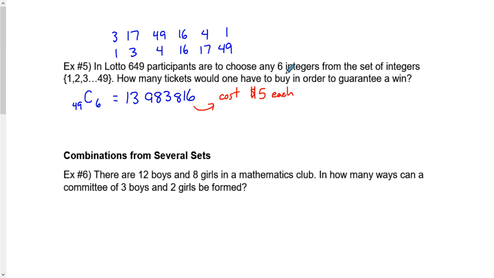So you take that 13 million, multiplied by 5, and it's almost $70 million that you'd have to spend. It could be different, I don't actually buy lottery tickets very often, so I don't actually know. Last thing I heard though is that the max jackpot is only like 50 million, so you'll be 20 million in the hole if you were to somehow get a loan for that amount.